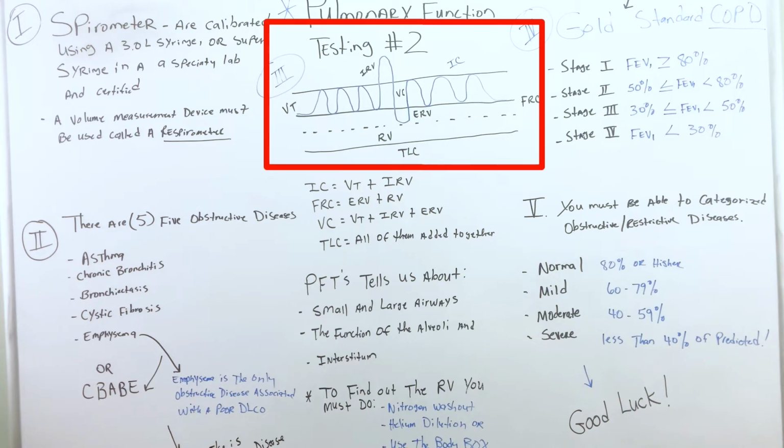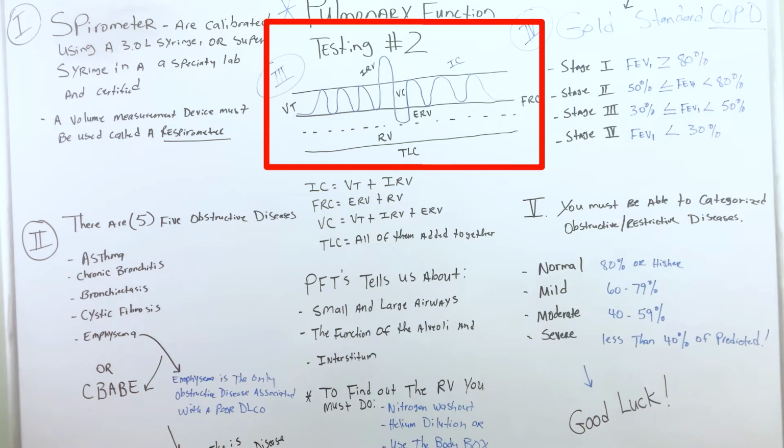And then you have the vital capacity. And above that, you have the inspiratory reserve volume. And below the vital capacity in the middle, you have the expiratory reserve volume. And then below the dotted lines, you have the residual volume. Up to your right, all the way up, you have the inspiratory capacity, and we will explain these right under this graph.